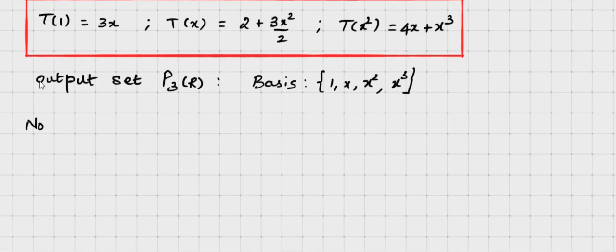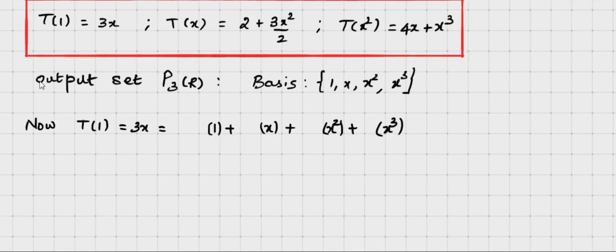Now, T of 1 is 3x, equals, I should write it as a linear combination. Linear combination means 1 plus x plus x square plus x cube. If I want to write any quantity as a linear combination of 1, x, x square and x cube, the initial thing is we have to write all those vectors.